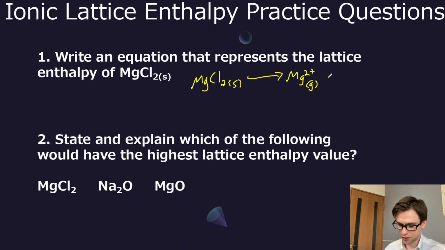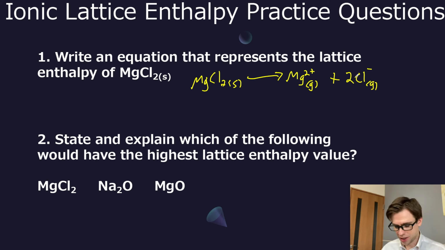It's no longer in a solid structure. And Cl- gas. But these equations also need to be balanced just like any chemical equation. So 2 chlorides need to be released when we break apart one ionic unit here. It has Cl2 in it, so we'll get 2 Cl- out of that.